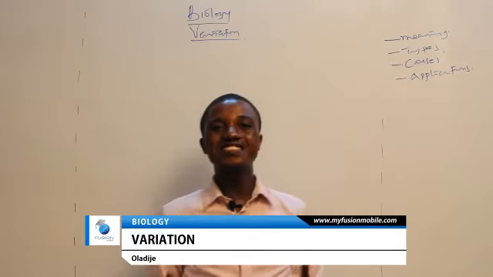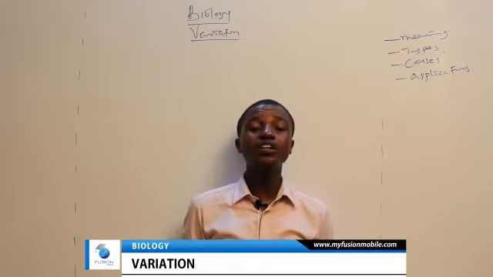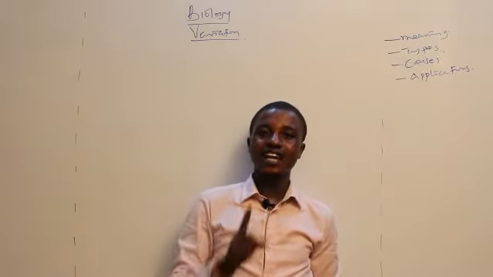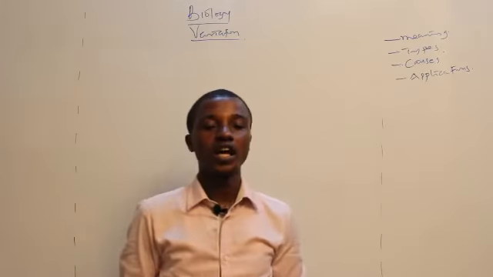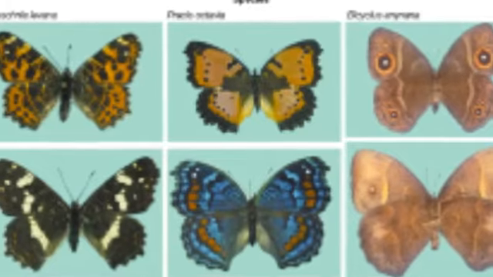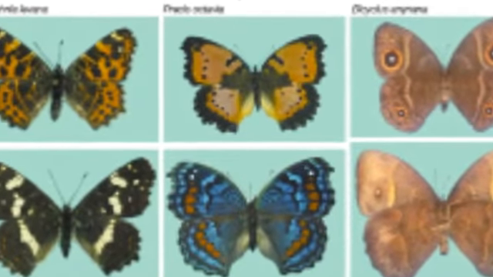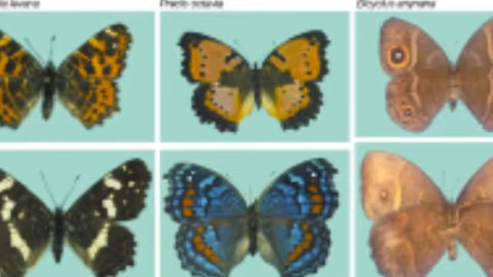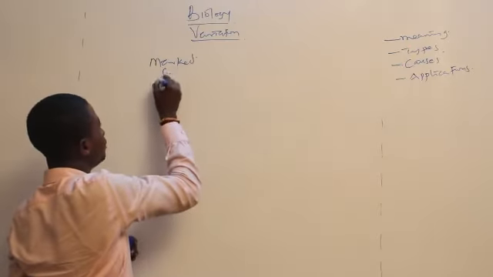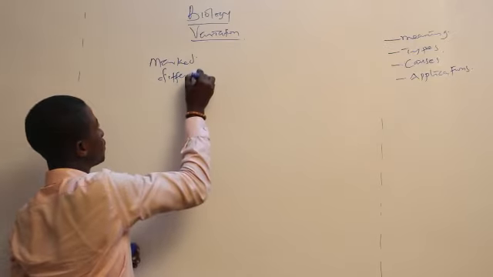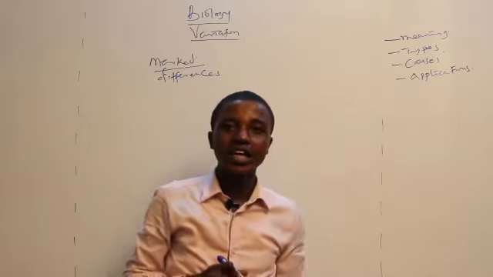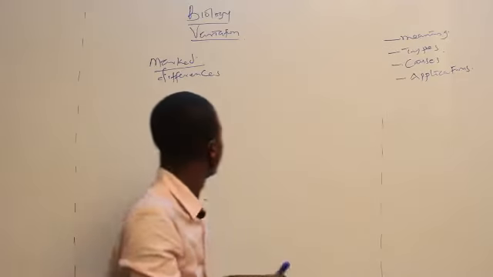So, what is variation? Variation can basically be defined as the marked differences that are seen in a population. Marked differences. Now, for a particular thing to be marked, it means it is obvious.